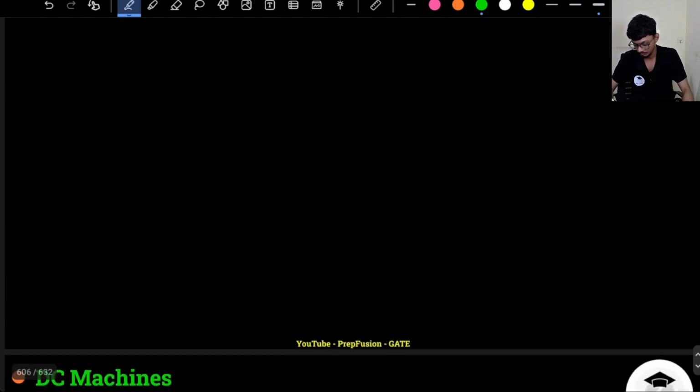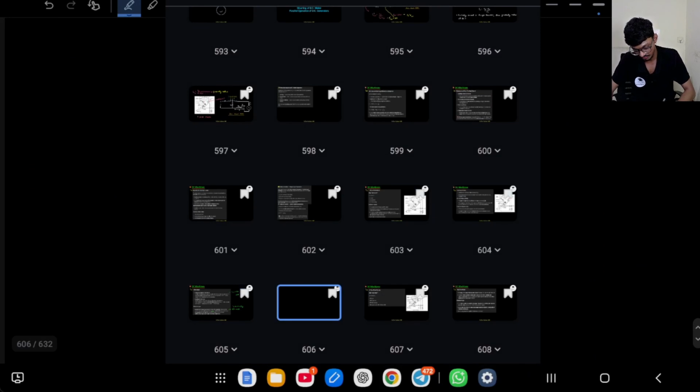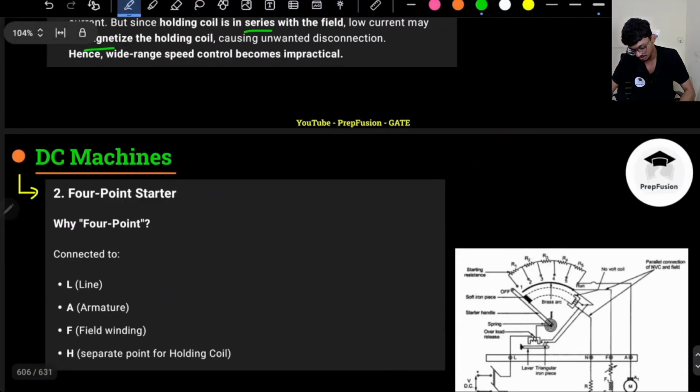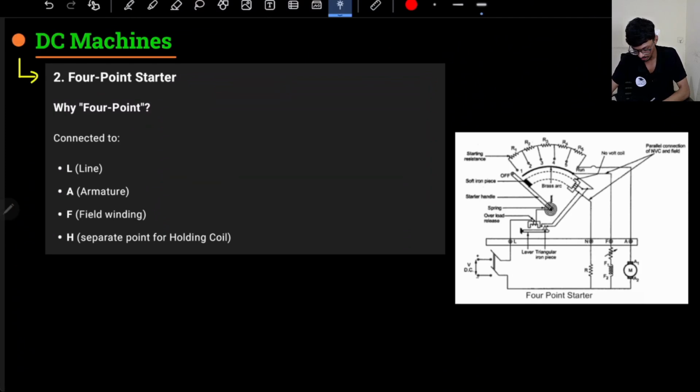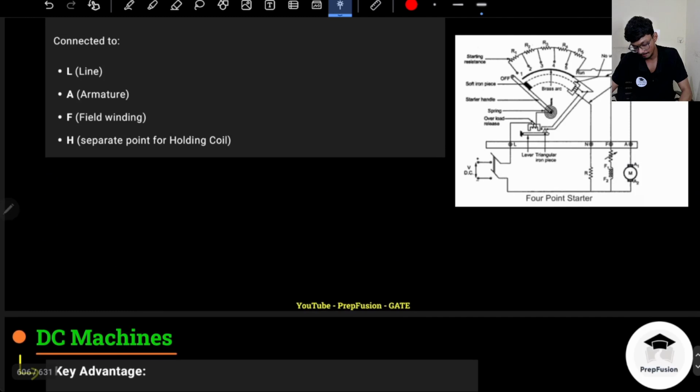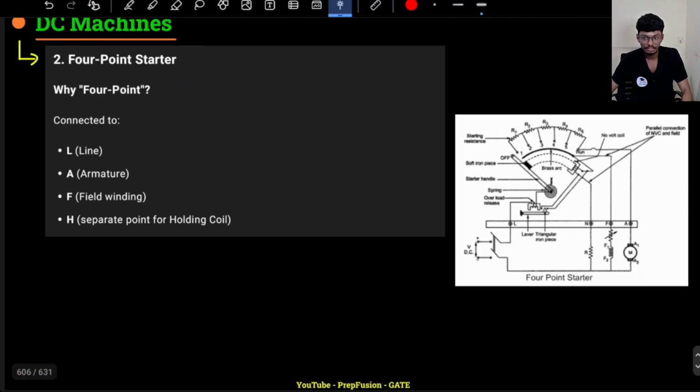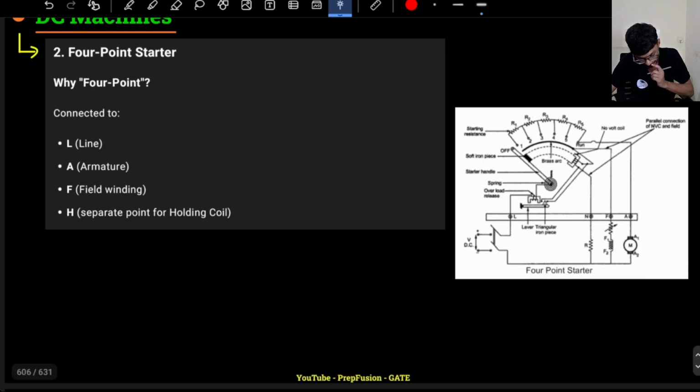Okay, so what is the advantage of a 4-point starter? In the case of a 4-point starter, instead of three points, we have 4 points: line, armature, field, and a separate point for the holding coil. If you observe, our holding coil is supplied separately from the line itself.